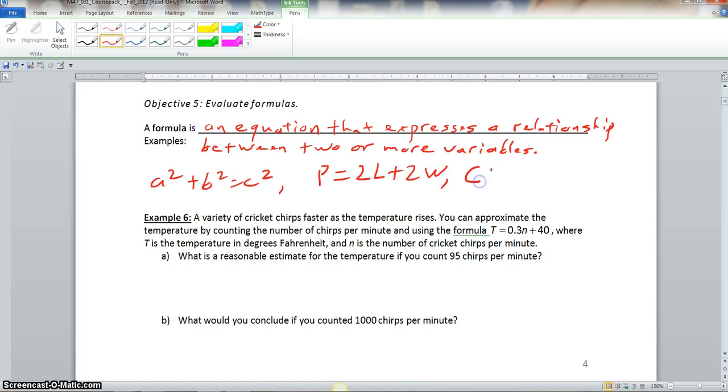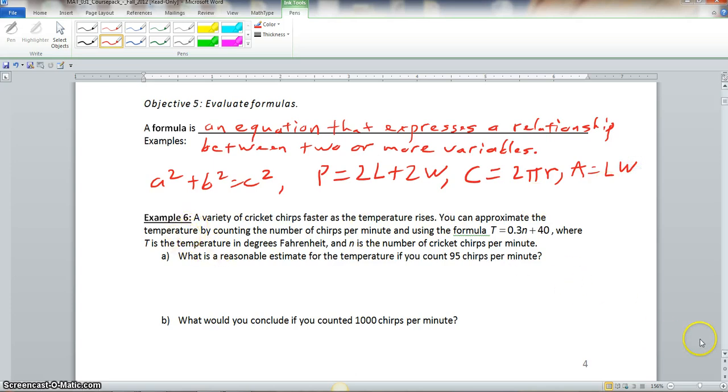We could use circumference, which is 2 pi r. Now, if you notice here, we have at least 2 variables that we're comparing. Okay, these are just a couple formulas. You know plenty more, like you could do a formula for Celsius. You could do, let me just add this in here, area. Area of a rectangle is length times width.